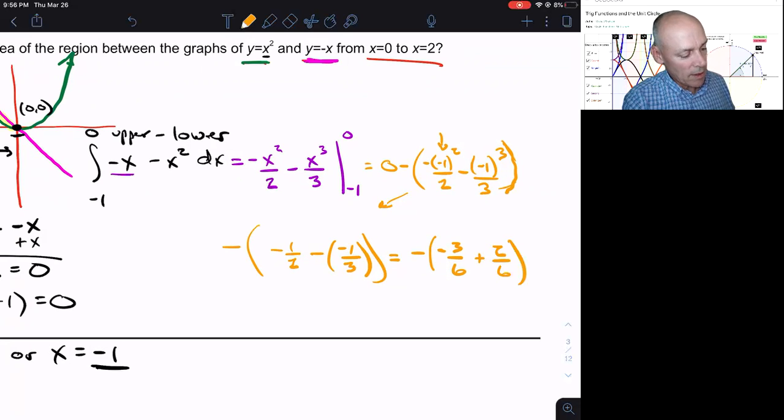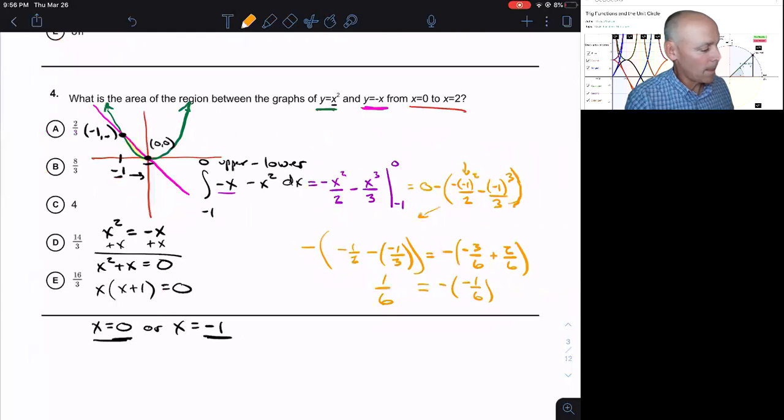So if we add those together, we get the opposite of -1/6, which is going to be 1/6. Which, strangely enough, is not an answer choice.